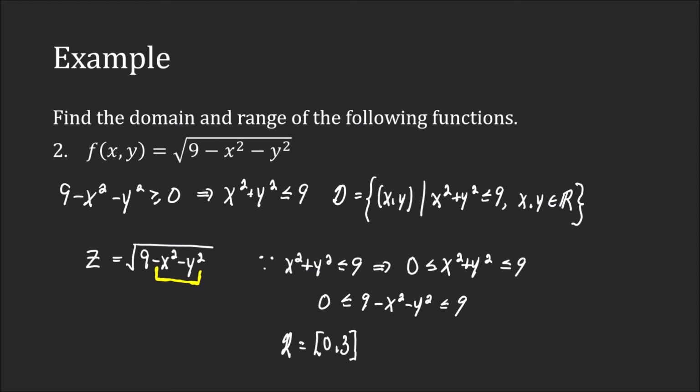Now, if we look at the domain real quick, x squared plus y squared less than or equal to 9. Well, x squared plus y squared equals 9 is a circle. It is a circle of radius 3.